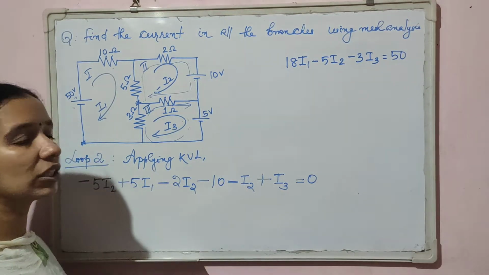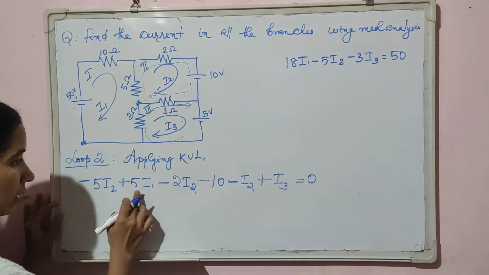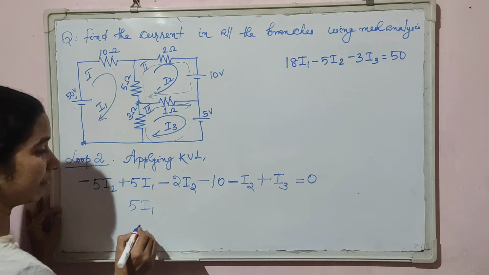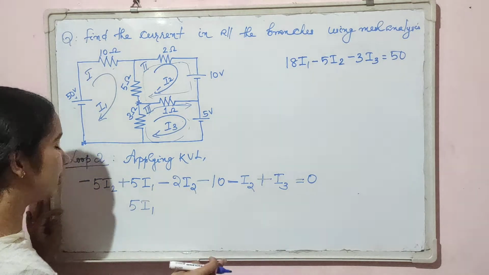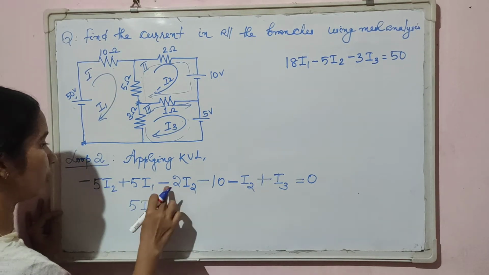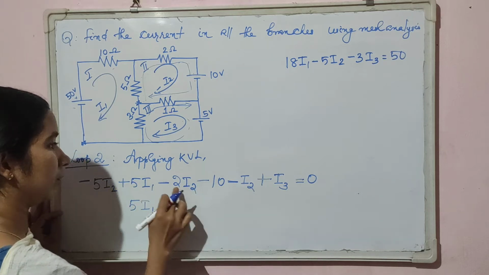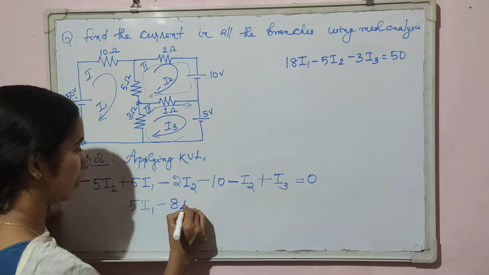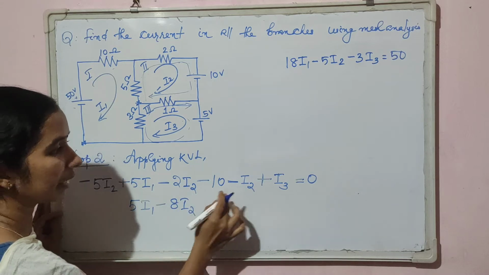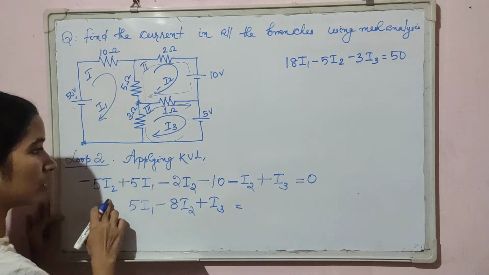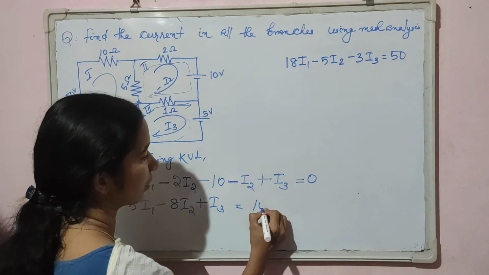Now rearrange the equation. Write the term containing I1 first: 5 I1. Then the term containing I2: minus 5 I2, minus 2 I2, minus I2, that is minus 8 I2. Then the term containing I3, plus I3, and take the constant term to the right hand side, so 10.